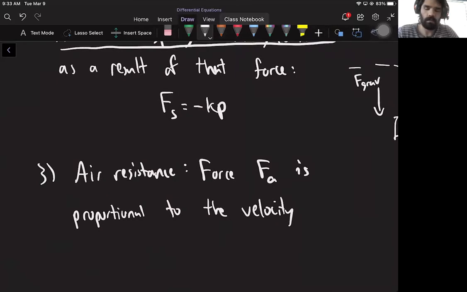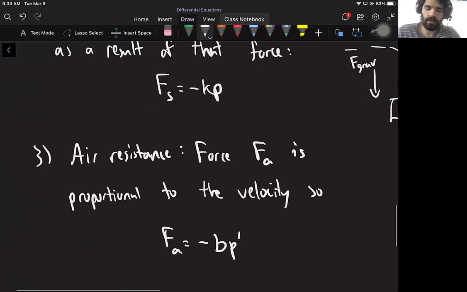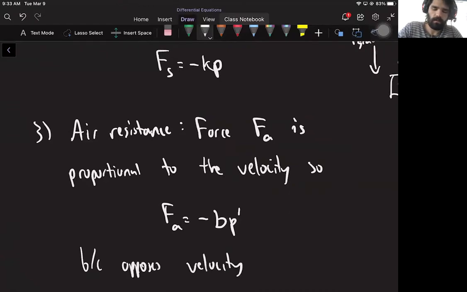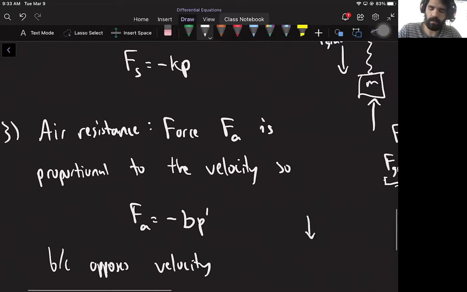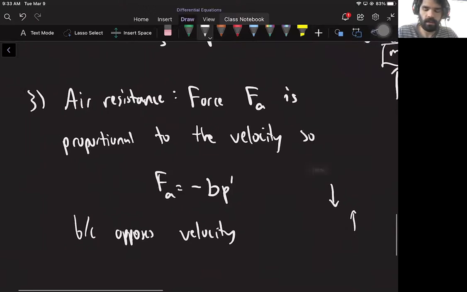So it's going to be negative, and then another constant, I'll just use b because it's common, times the velocity because it's proportional to the velocity, which is p prime. Okay, it opposes velocity. If your spring is going down, then the air is pushing up, and vice versa. That's why we stick this negative there.